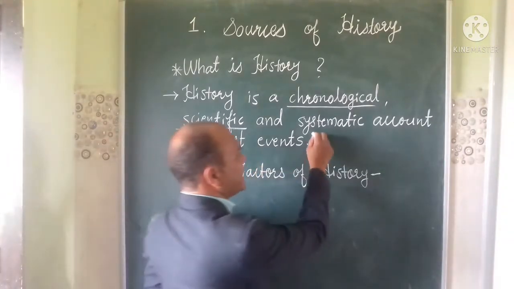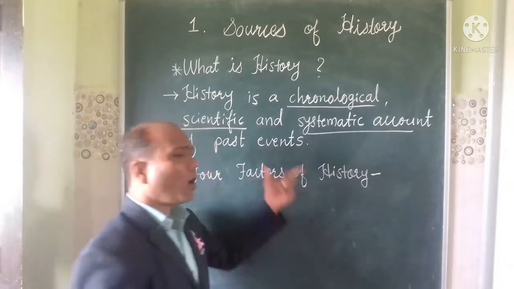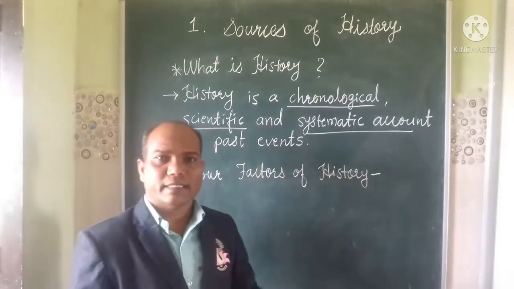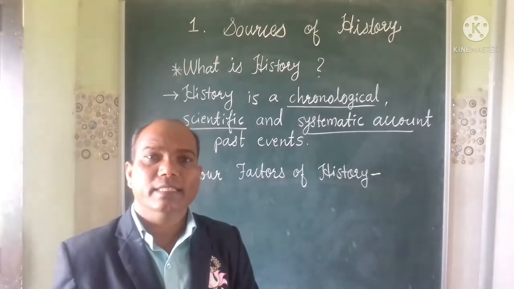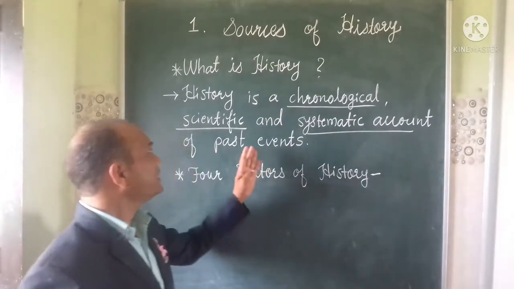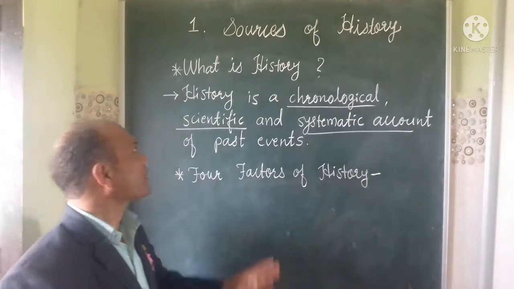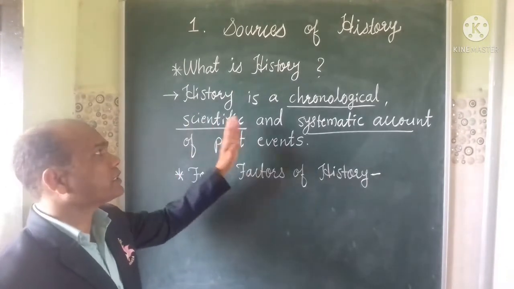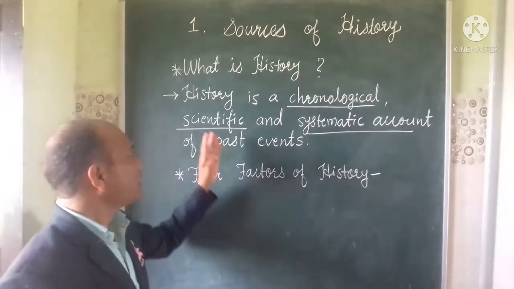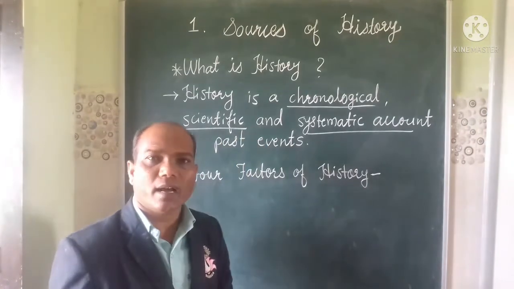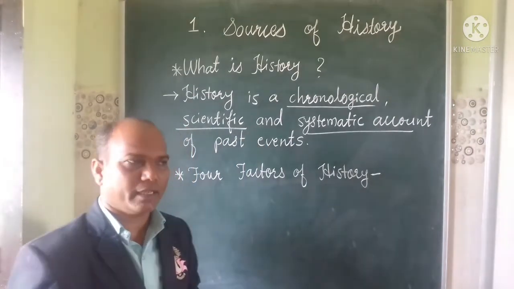And systematic account. Here, all these events are recorded in a systematic way. In this way, this is the definition of history. What is it? Let's repeat it. History is a chronological, scientific and systematic account of the past event.